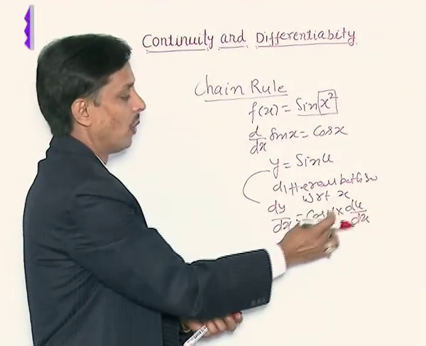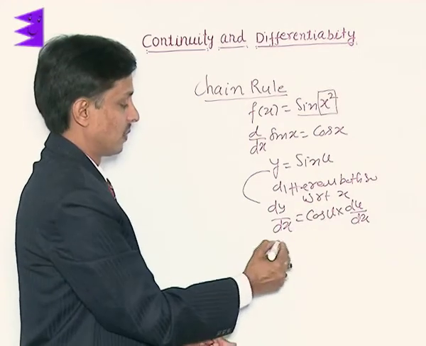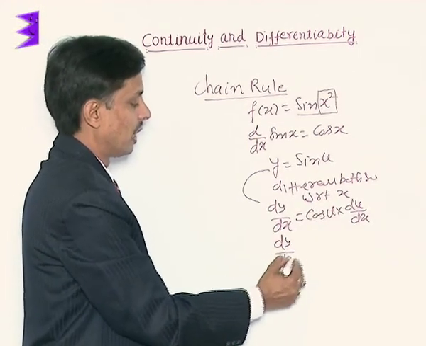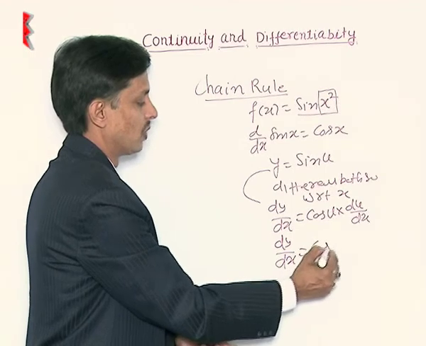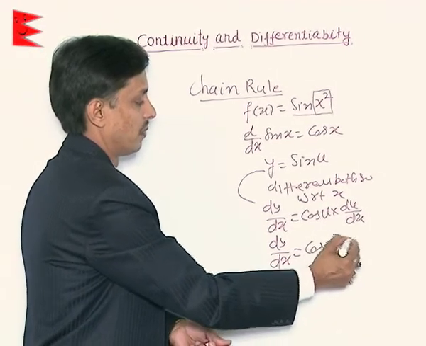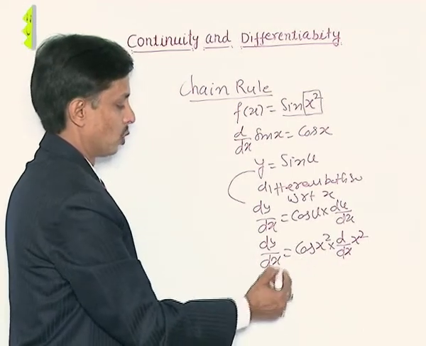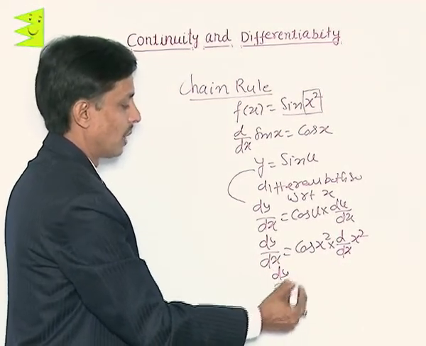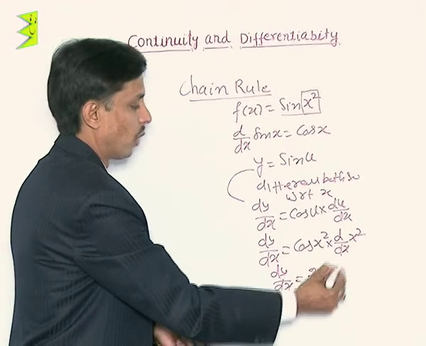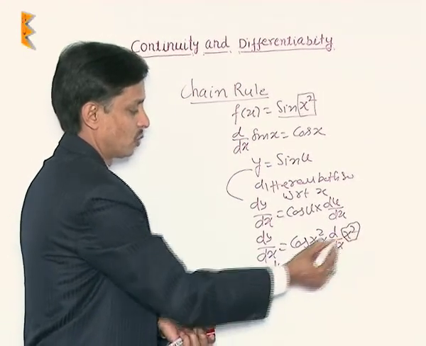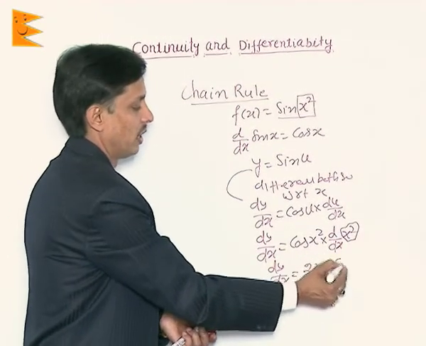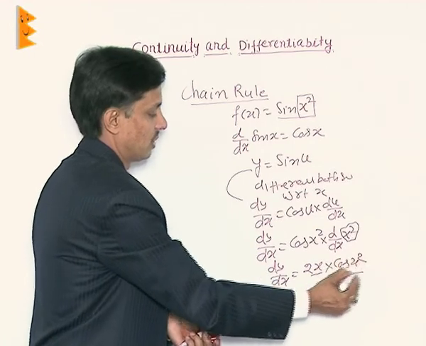On putting the value of u at both the places, I will get dy by dx is equals to cos of x square into derivative of x square. So the value of dy by dx becomes 2x, because the derivative of x square is 2x, into cos of x square.